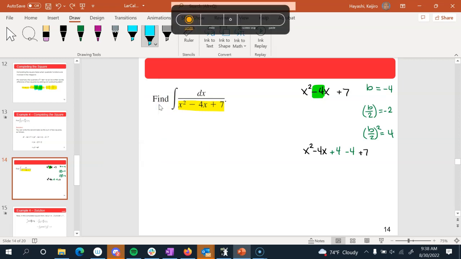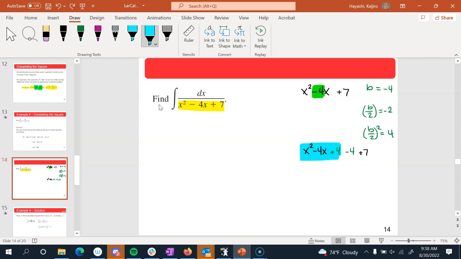Okay, so now these first three terms, including that 4 that we added in there, should form a perfect square trinomial, and it should factor or condense into x plus the b over 2 number. That's the number after we cut it in half, but before we square it.